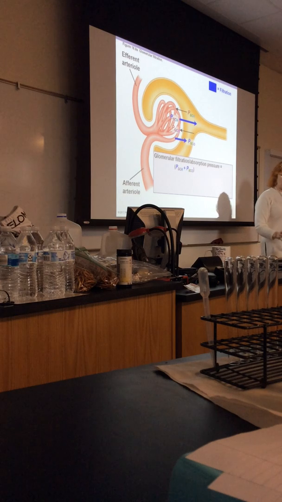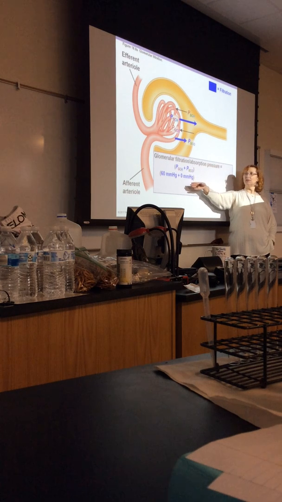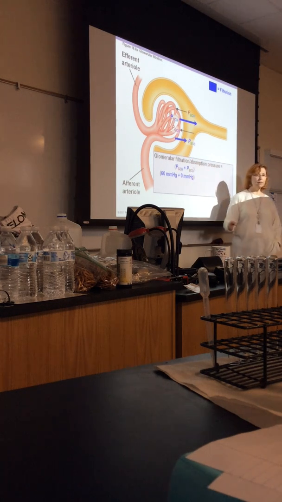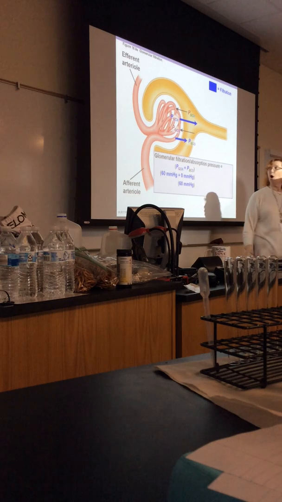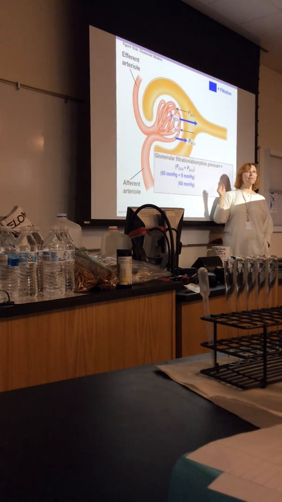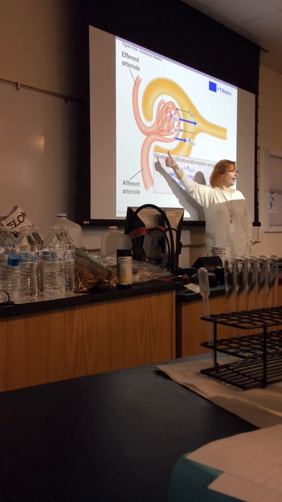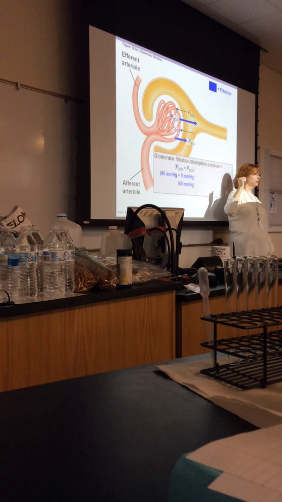So these two. Well, let's take from those previous slides and let's put our actual numbers in. This is 60 millimeters of mercury. This is 0 millimeters of mercury. So what are my forces that favor filtration? 60 millimeters of mercury from glomerular capillary into Bowman's capsule.